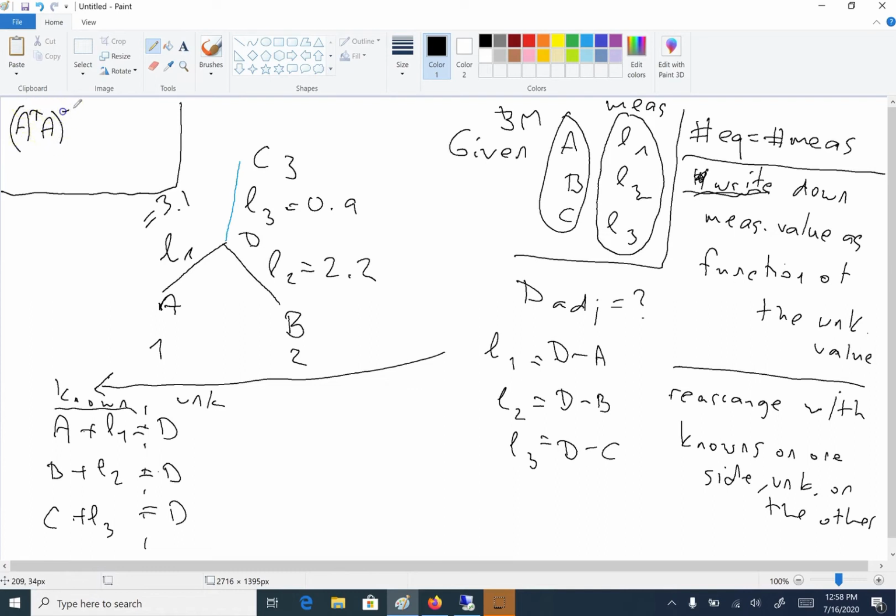Anyway, (A transpose A) inverse A transpose Y. So let's just call this E, just not to confuse the Jacobian matrix with our benchmark.